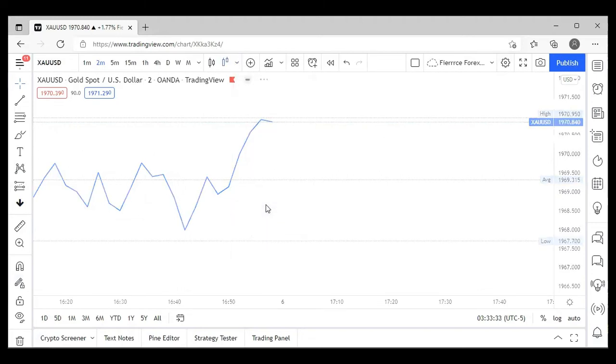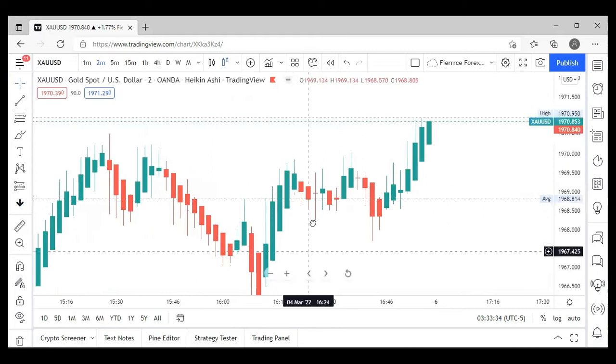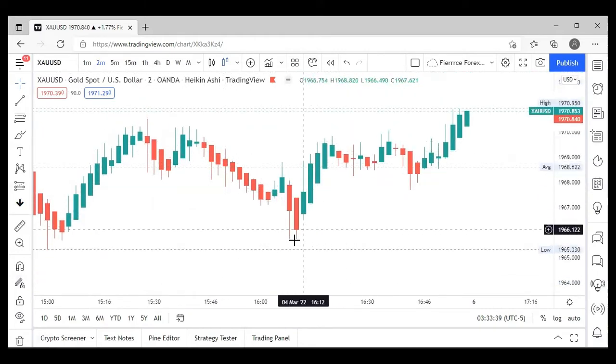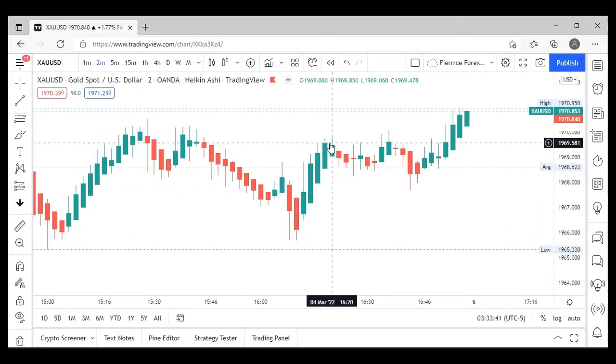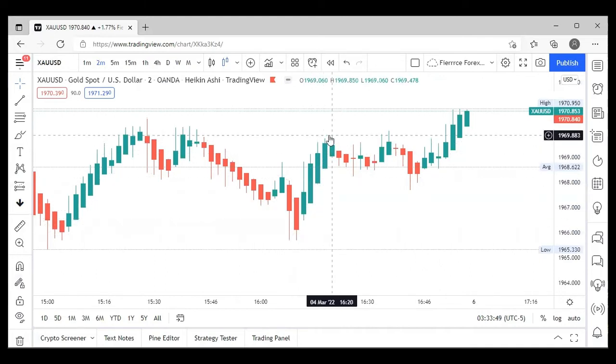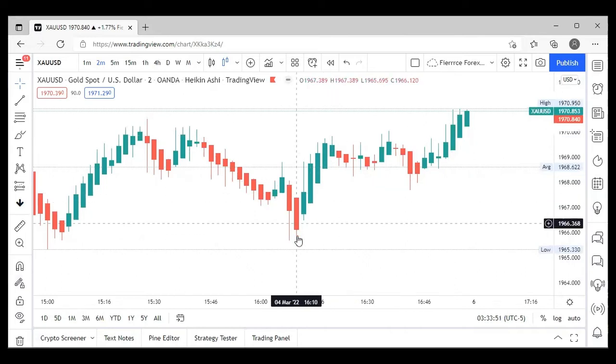We have the Heikin-Ashi, which looks slightly different. The difference between the Japanese candlesticks and the Heikin-Ashi is that Heikin-Ashi just shows you the trend. You don't see the intermediate trend, you see the primary trend. So for example, you can see this is bullish. We were bearish here, we're bullish here. It's very clear.